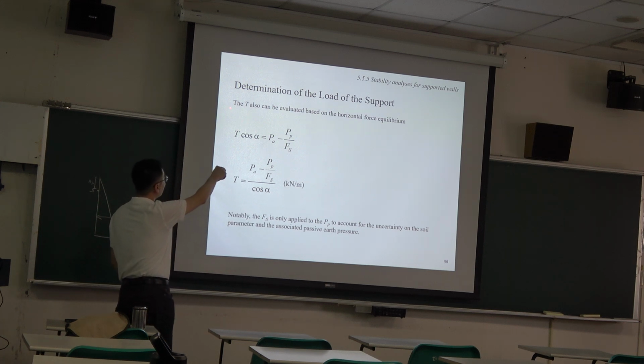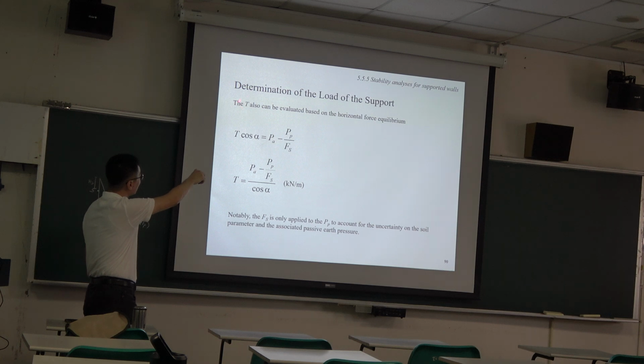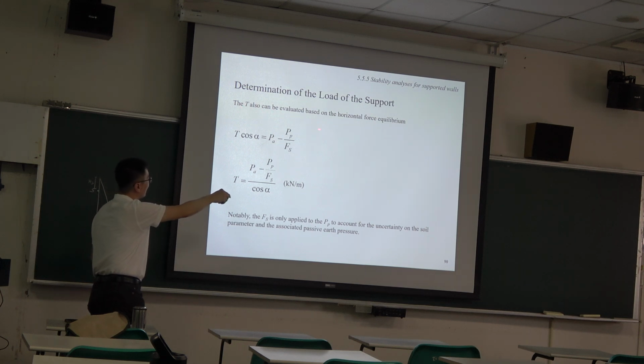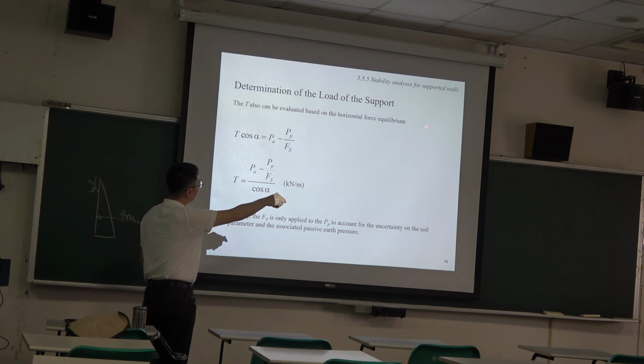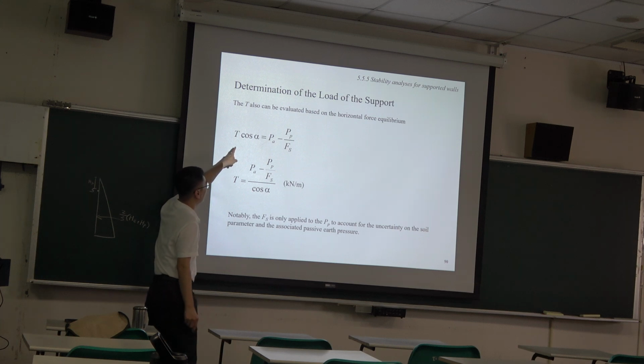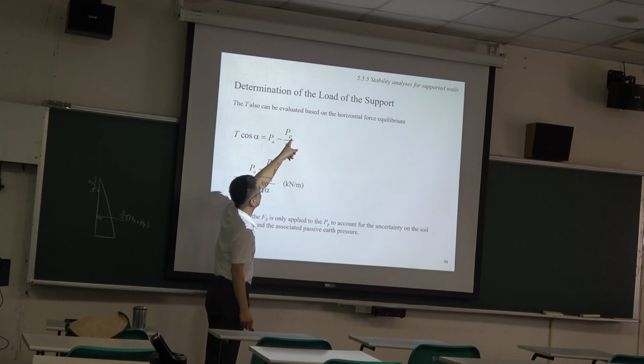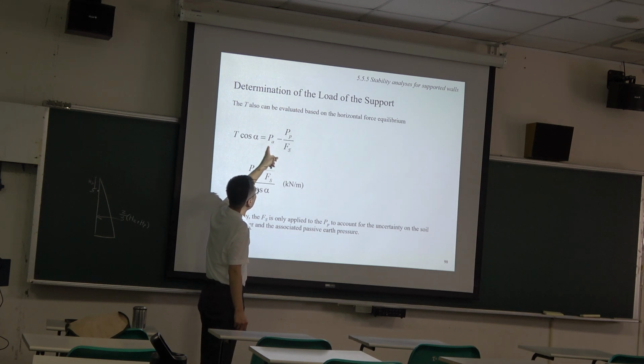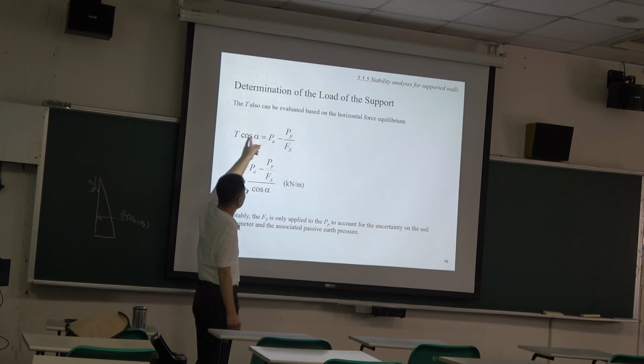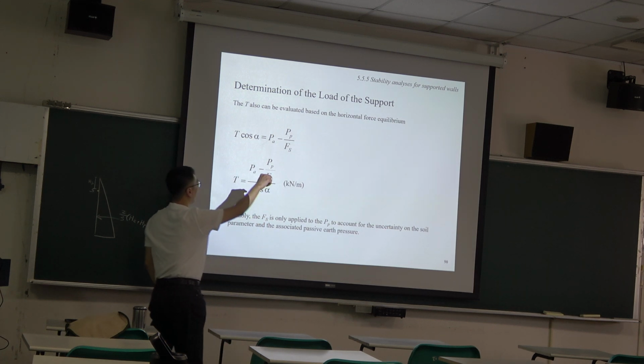Then the other way is T can also be evaluated based on horizontal force equilibrium. Because we have a passive load here, active loading is here. They are horizontal. Then T has a certain direction and certain angle, so we use cosine alpha to make it horizontal force equilibrium.